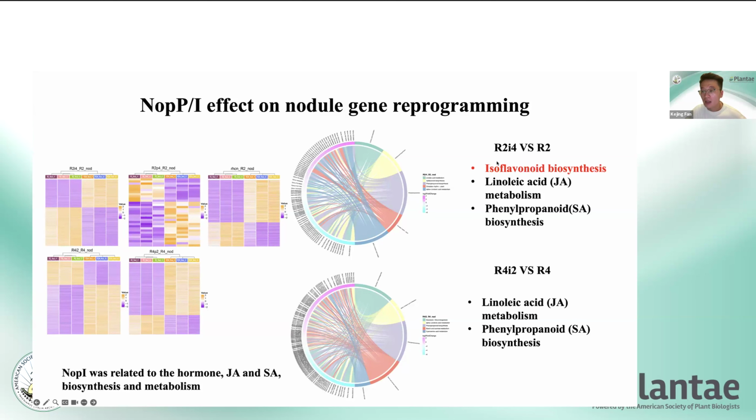We found that when I2 and I4 were compared to the R2, the differentially expressed genes were enriched in isoflavonoid biosynthesis, and also the hormone GA and SA biosynthesis pathways. The same for the R4I2 compared to the R4 wild type, the DE genes were also enriched in the GA and SA biosynthesis pathways. So we think NOP-I is related to hormone GA and SA biosynthesis and metabolism.